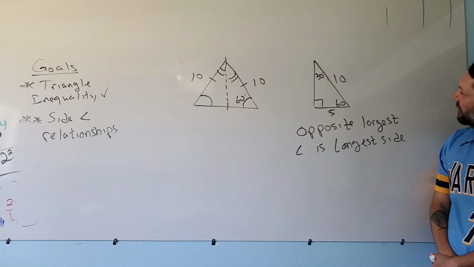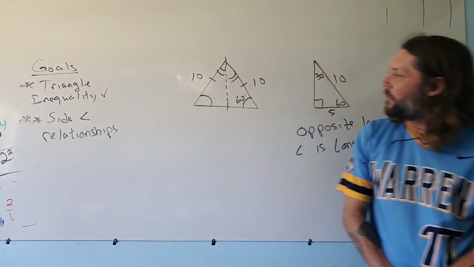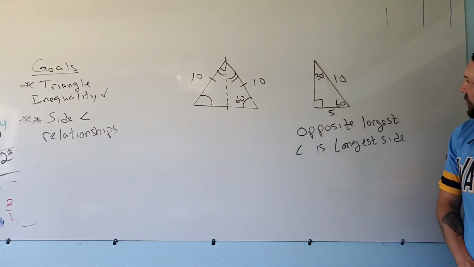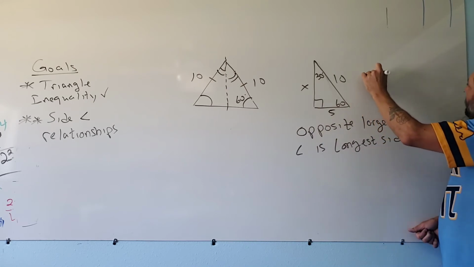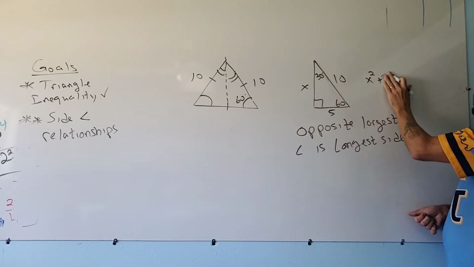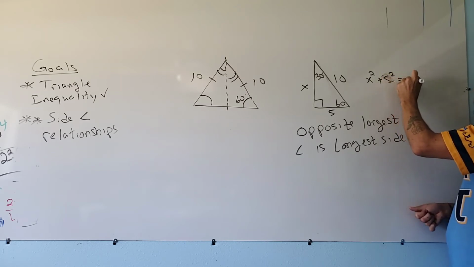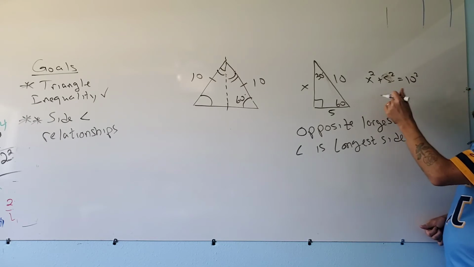And I think that actually would be kind of useful to see to further show the side angle relationship. So I can very quickly find this length. I would use the Pythagorean theorem. 5 squared is going to be 25. These two lengths together squared will add up to that length.